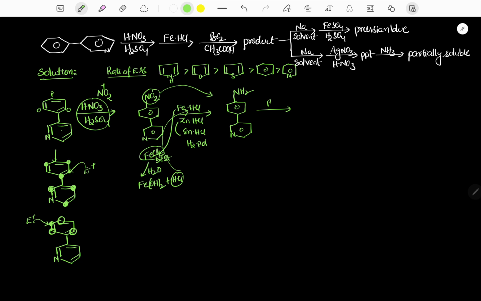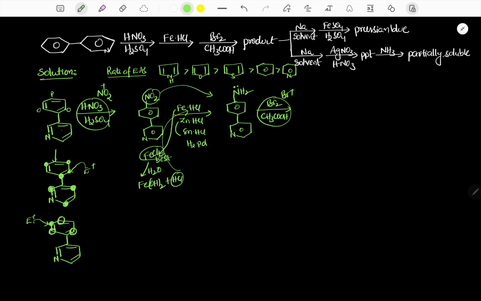Now we are adding Br2 in acidic medium. When you add Br2 in acidic medium, we get the electrophile Br plus. We have an aromatic compound, so it is an activated ring, because compared to pyridine, benzene is more reactive. Therefore benzene is more reactive towards the electrophile.